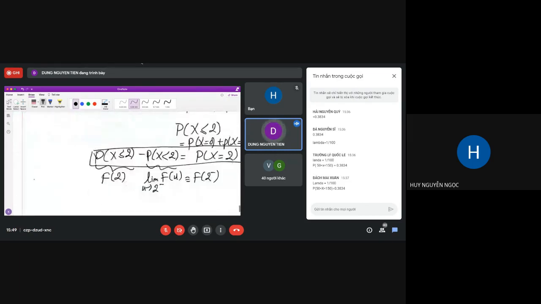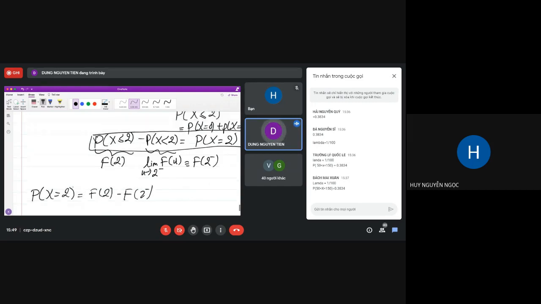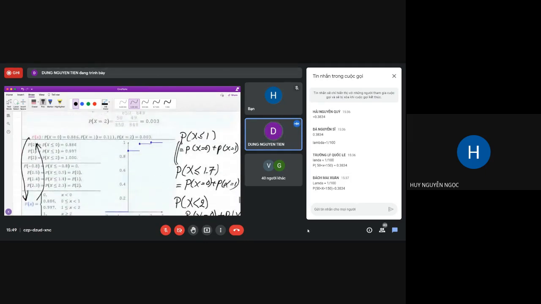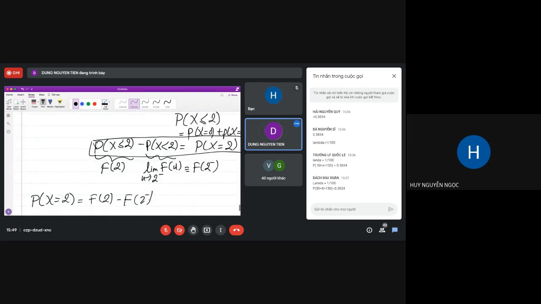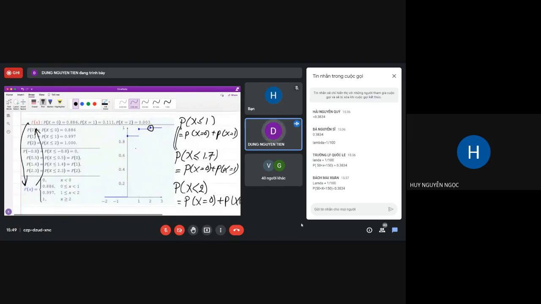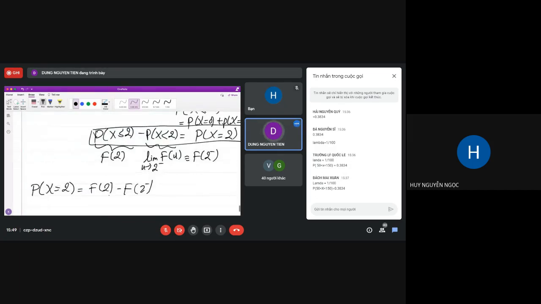So what I can say is that the probability that x equals 2 is F(2) minus F(2-). So the probability that x equals 2 is simply the jump that you can observe at the point 2. If the function jumps from F(2-) to F(2), then you can get the probability that x equals 2.